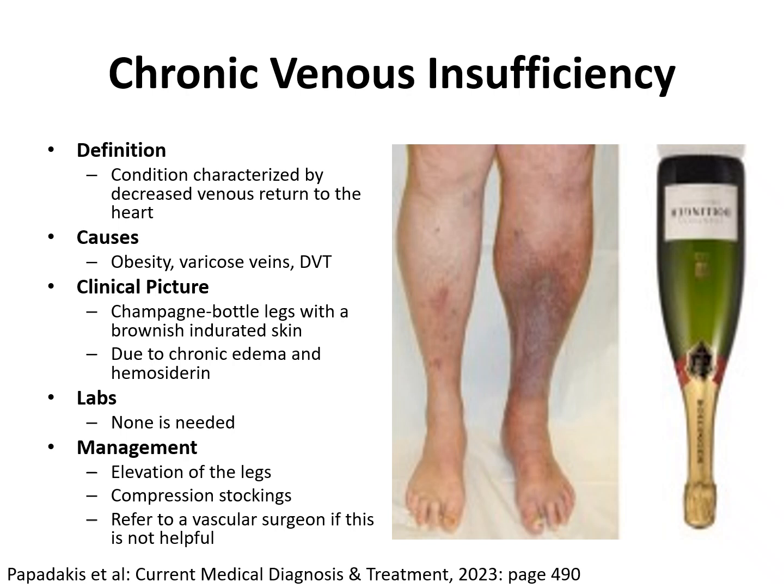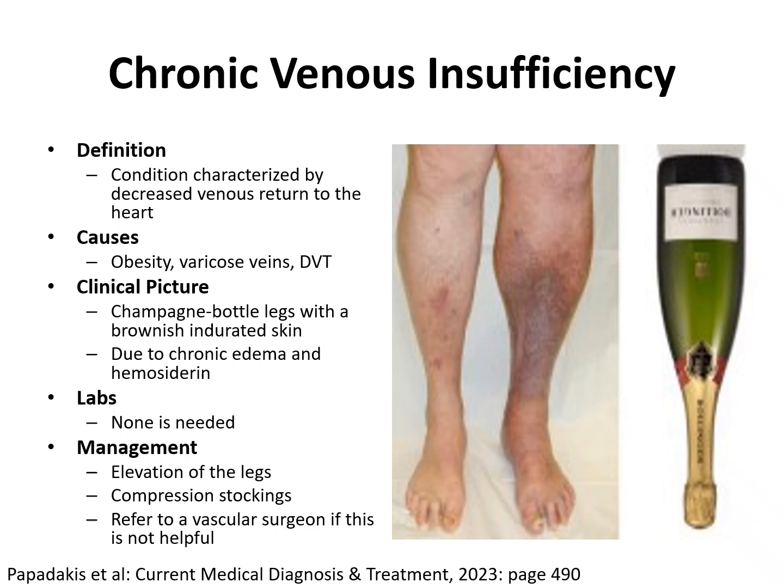You can see the patient's left leg is swollen, the upper part is swollen, the lower part is narrower, and it is darker in color. This gives you the champagne bottle appearance, and then there's a brownish discoloration of the skin, and that skin is hard. So brownish indurated skin. The induration and the brownish discoloration.